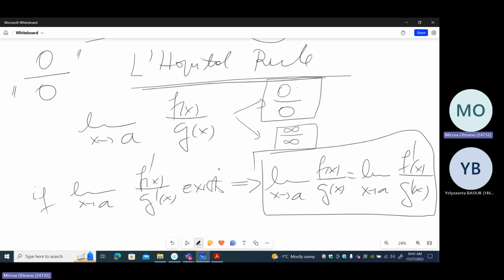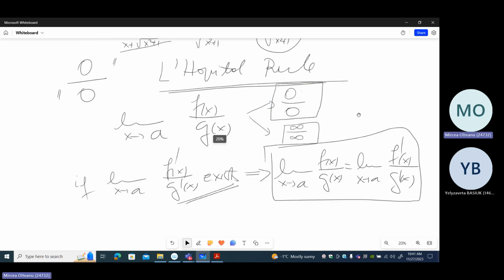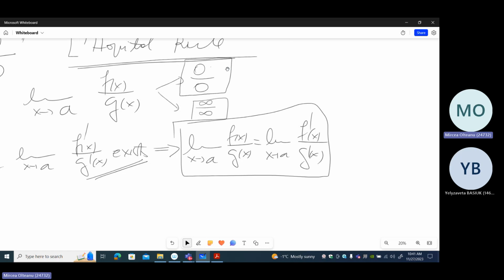Whether the limit of the ratio of the derivatives exists or not, in most exercises, 99% of the exercises, we don't have problems with this kind of situation. So, loosely speaking, L'Hopital rule says the following. If you have 0 over 0, then our limit will be equal to this one. And in most cases, this one is no longer an indeterminate form.